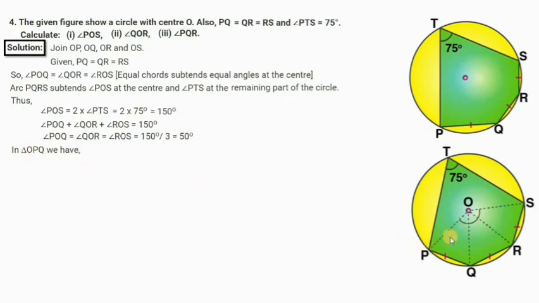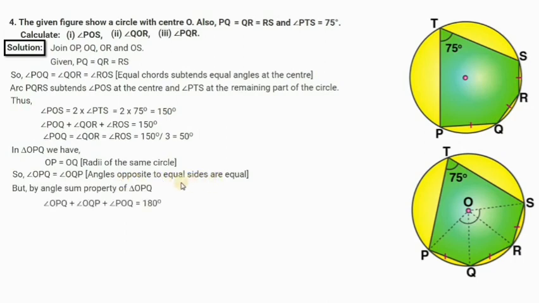Now let us have a look at triangle OPQ. In this triangle we have OP and OQ, and both are radii, so these two will be equal. If these sides are equal, then this angle and this angle have to be equal to each other, since they are angles opposite to equal sides. Now we know that in triangle OPQ the sum of the angles will be 180 degrees.